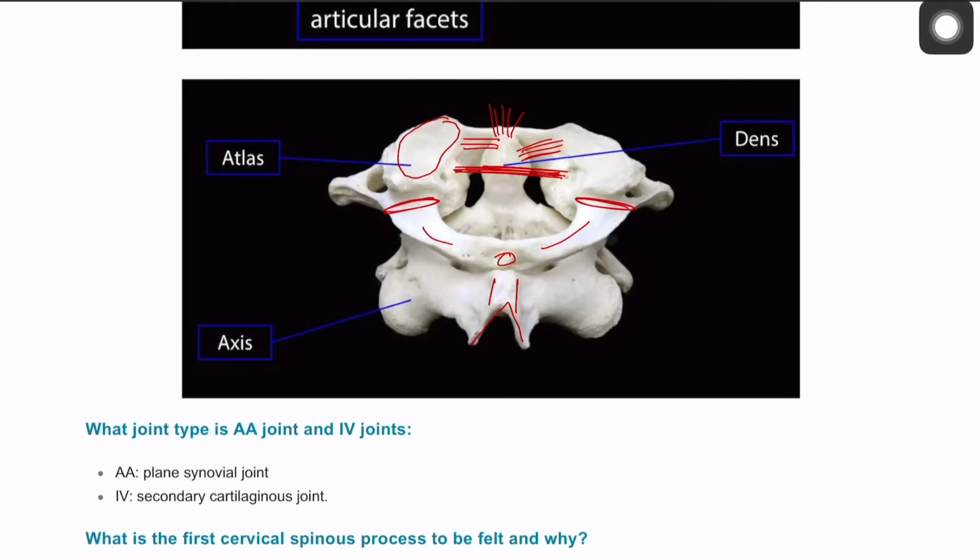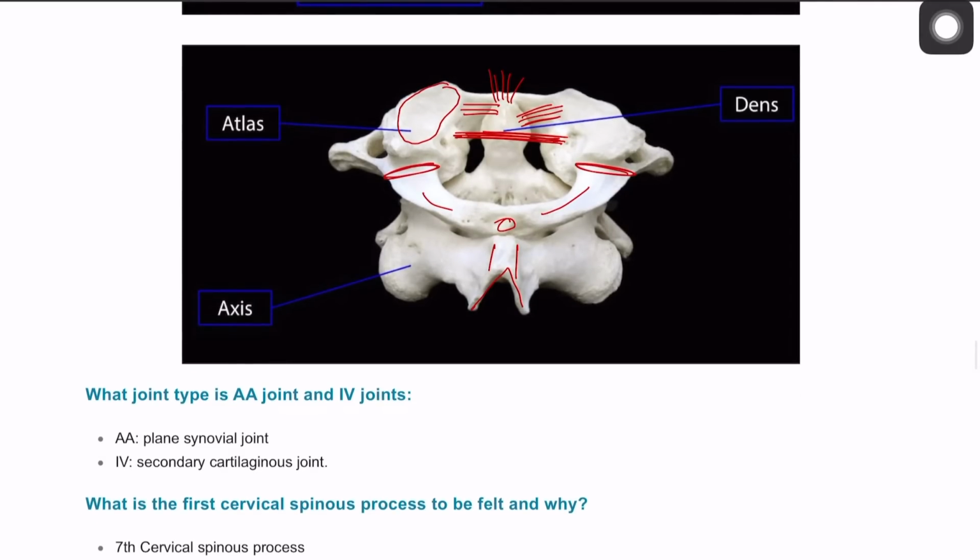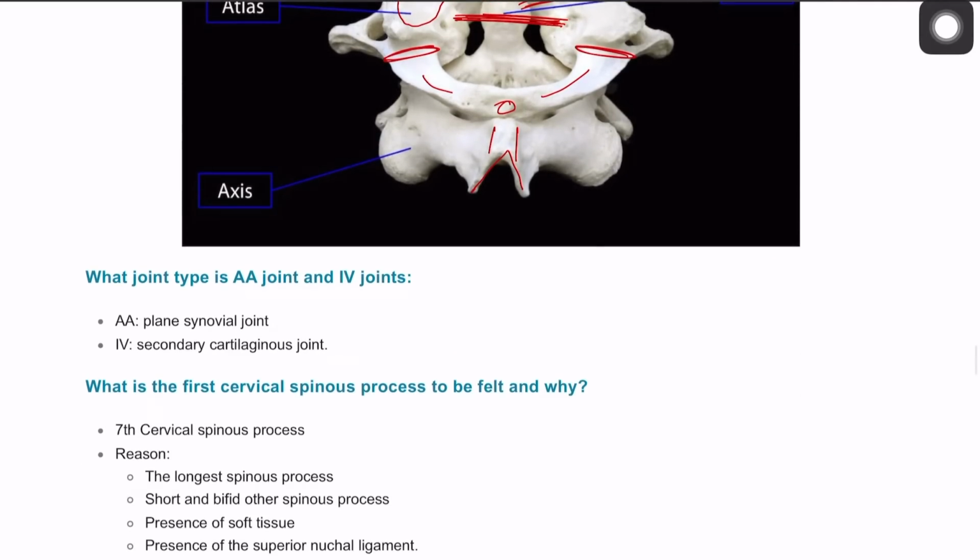Types of joint: the atlanto-axial joint looks like a plain synovial joint, and the intervertebral joint looks like a secondary cartilaginous joint, and we talked about this before. The first cervical spinous process to be felt, and why, will usually be C7.